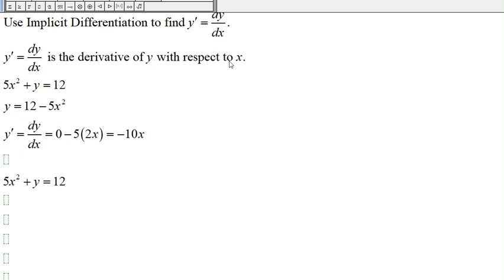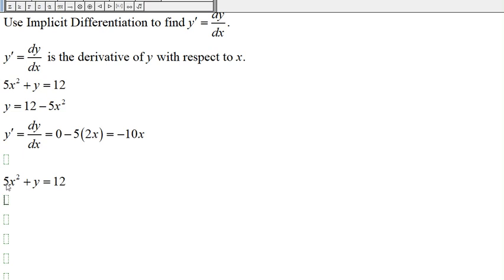We're taking the derivative with respect to x, and here we have 3 terms. Any term that has x only, we just do the usual derivative. Any term that's just a constant, we do the usual derivative. But any term that has a y, we need to use the chain rule.